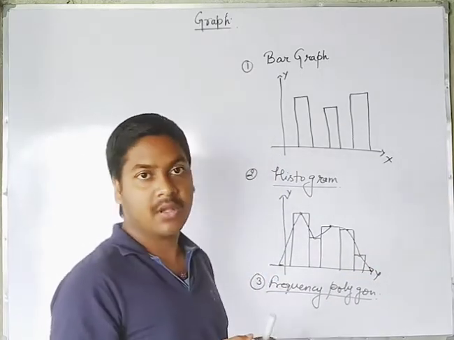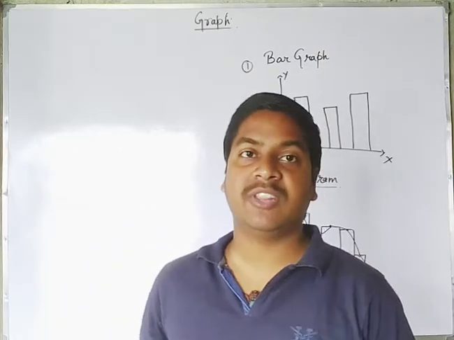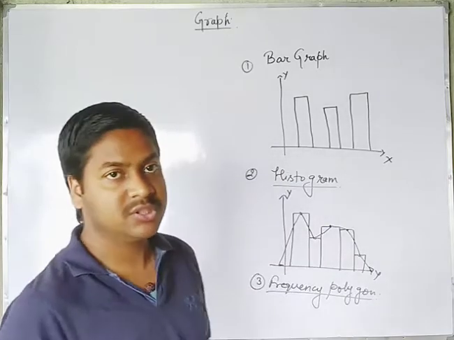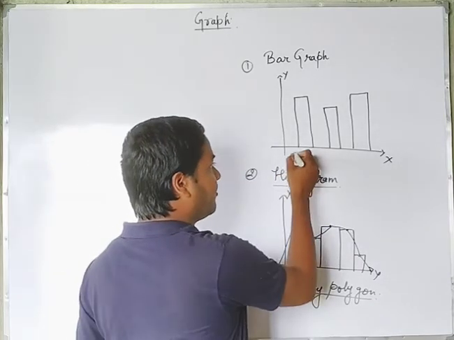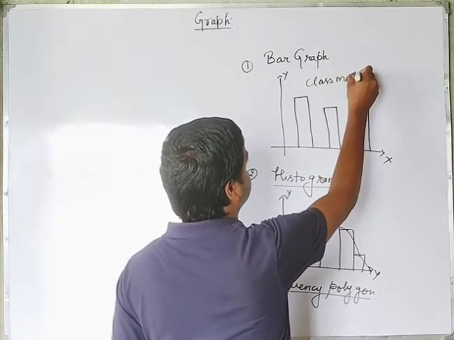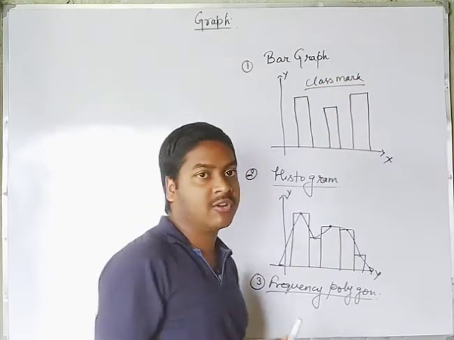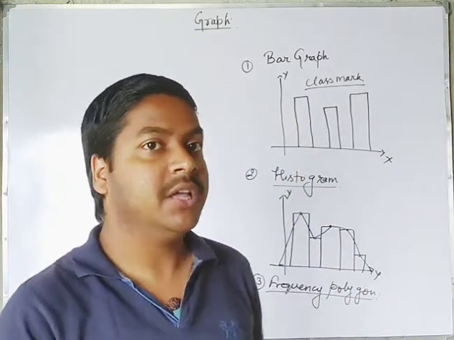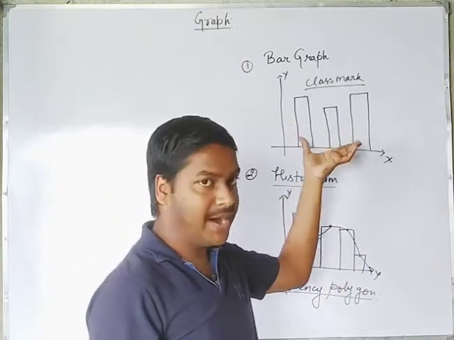How will you know whether you should make a bar graph or a histogram? Both have some similarity. A bar graph has a class mark. If there is a class mark, or a specific name is given, then we make a bar graph.